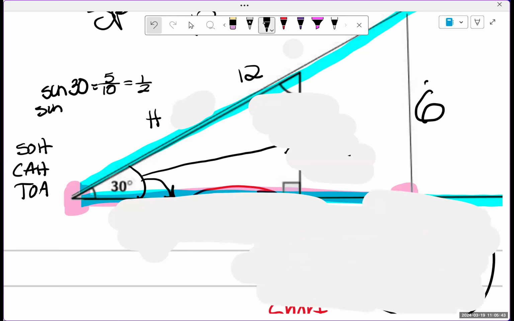Sine of 30 degrees, if I use the bigger triangle, is 6 over 12, which reduces to 1/2. So no matter what size the triangle, the sine of 30 degrees is always going to be 1/2. And in trig, we actually use decimals.